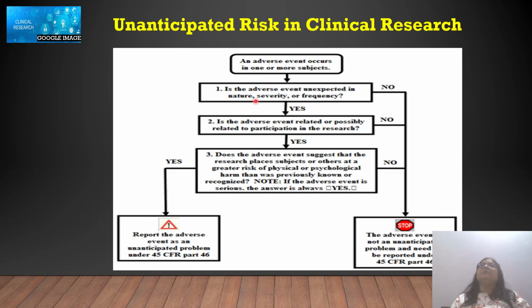If the answer is no, that it was not expected, then obviously it will not be reported as an unanticipated problem. If the answer is yes, then the second question will arise.